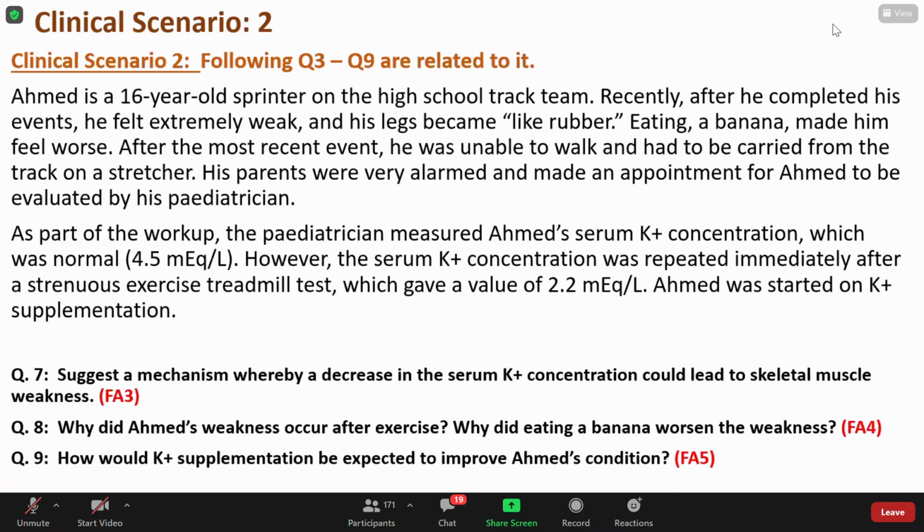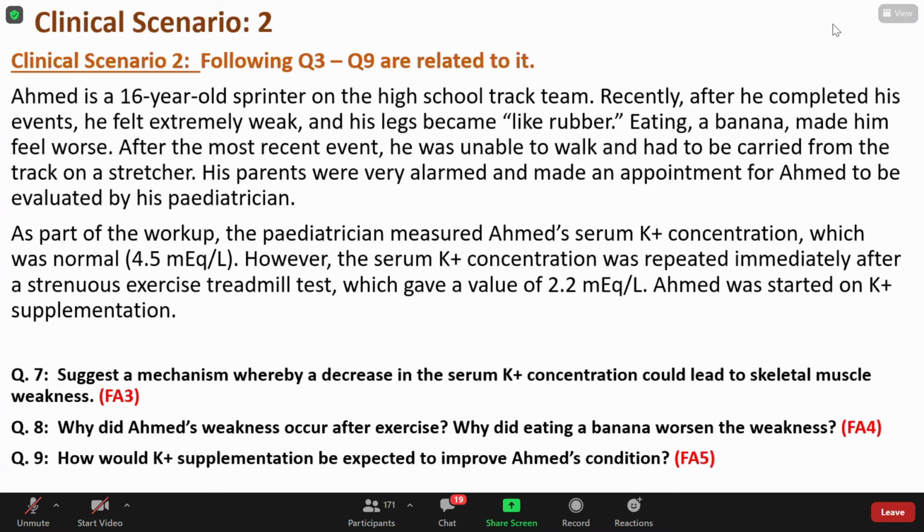So upon improving potassium, we would make the cell less hyperpolarized, and it would be easier to reach the threshold to propagate the action potential.